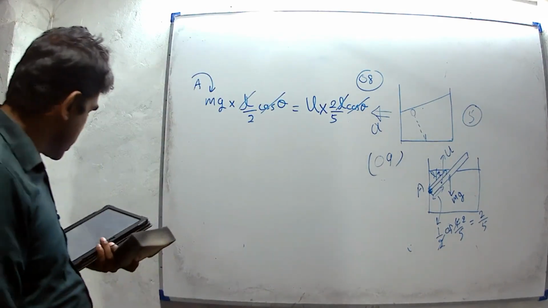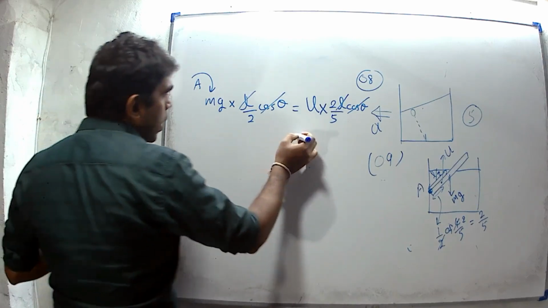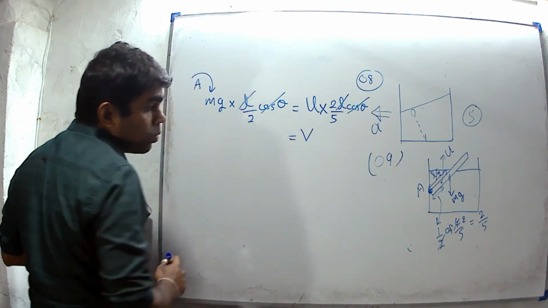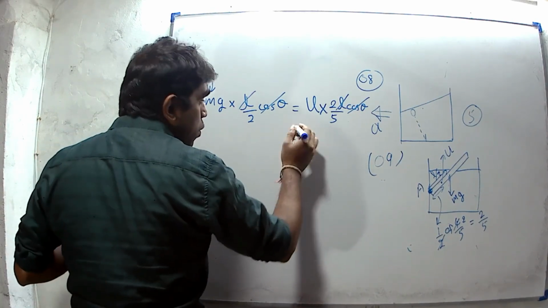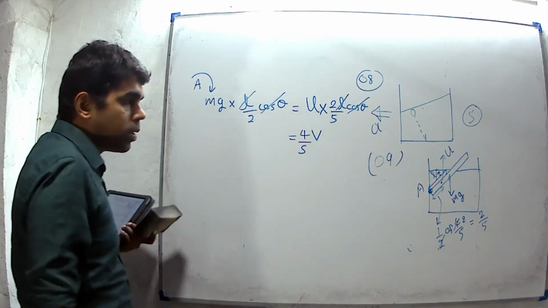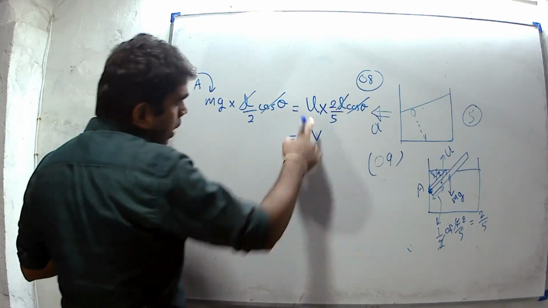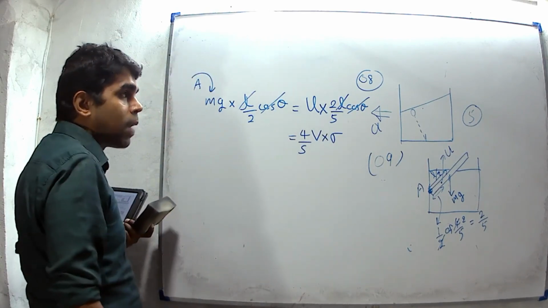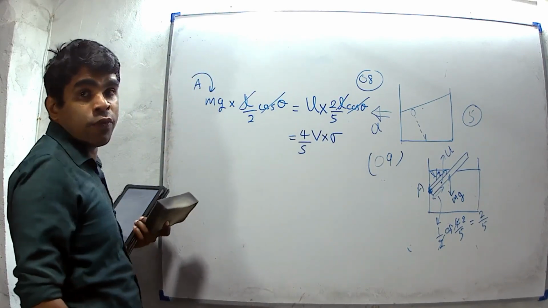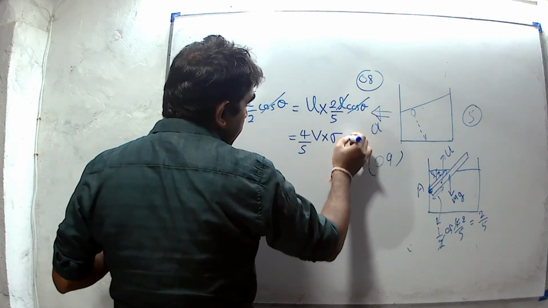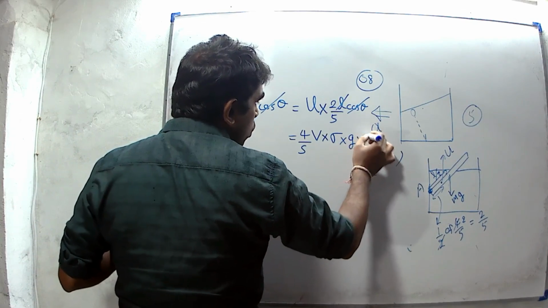Density of liquid is given as sigma. Then upthrust is the immersed volume, which is 4 over 5 of the total volume, V, multiplied by the density of the liquid, sigma, into g into 2 over 5.